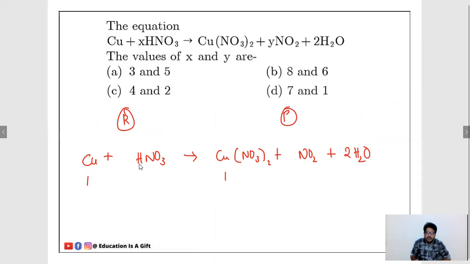Coming to hydrogen, 1 hydrogen here, and here we have 4 hydrogens, right? Next, coming to nitrogen, how many nitrogens? We got 1 nitrogen here, and here n into 2, 2 nitrogens plus here 1 nitrogen, so we have 3 nitrogens.